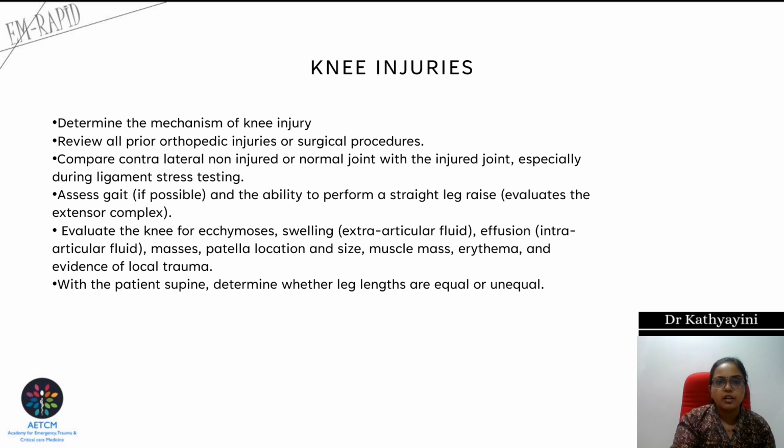We look for the patellar location and size, any erythema, any evidence of local trauma, any puncture wound, any sinuses. All these things should be examined. We also look for any disparity in the length of the leg. All these things are dealt with in detail in the knee examination video that has already been uploaded on our channel, so the knee joint examination can be recapped from that video.